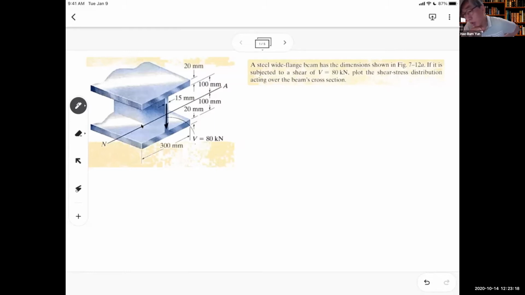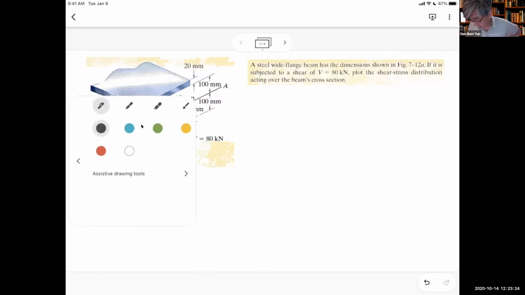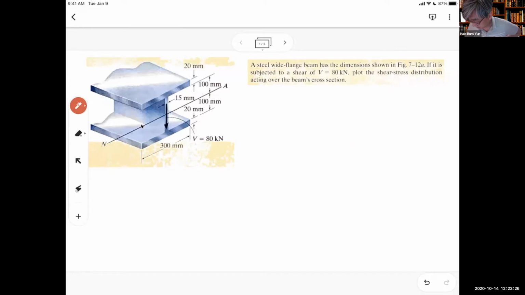but where are we going to have the largest shear stress? I will give you choices: top, middle, and bottom. A, B, C. Where are we going to have the largest shear stress?